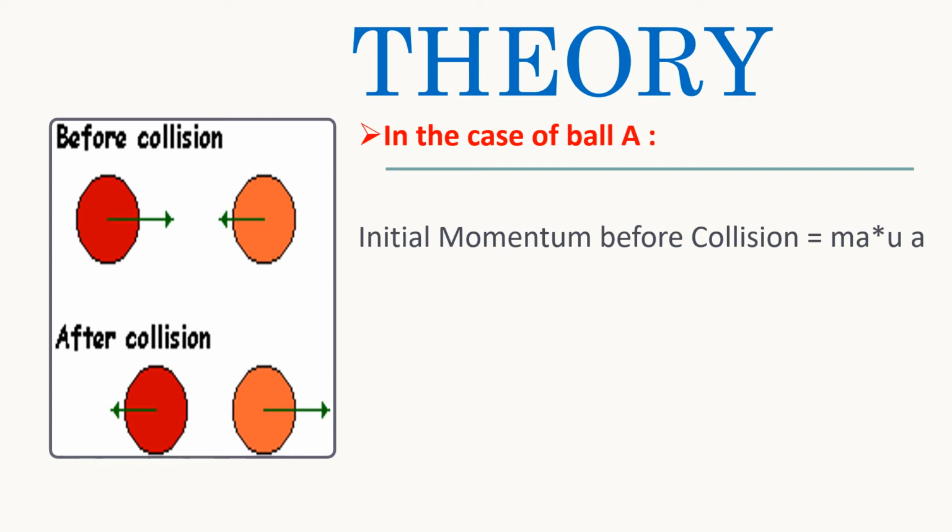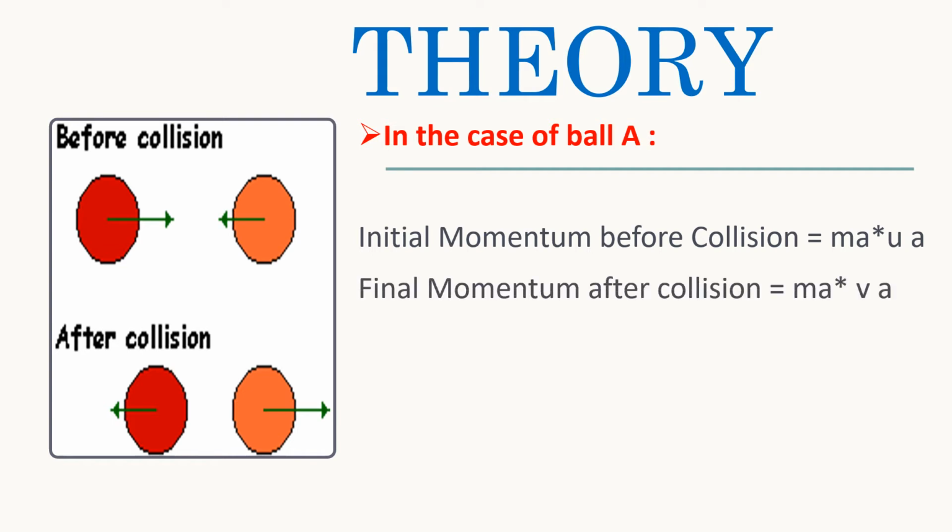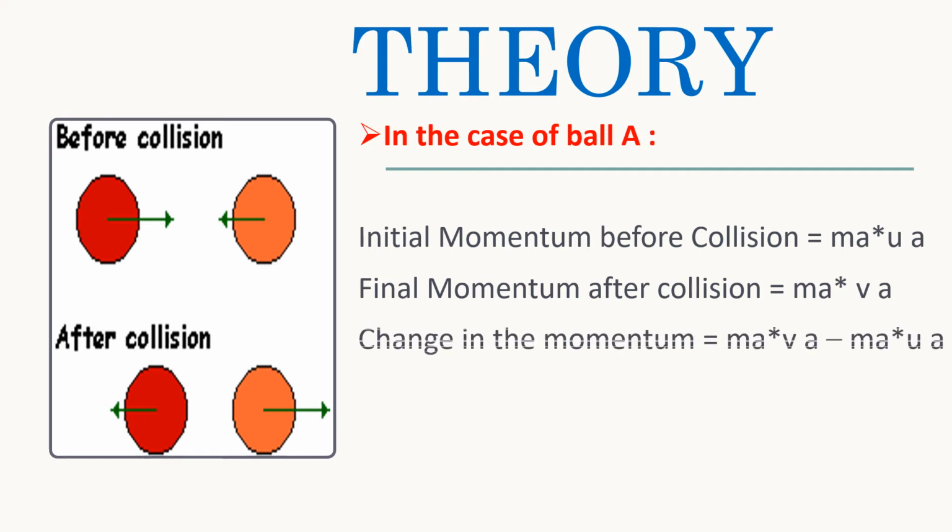Ball A moves with the final velocity va after the collision, so the final momentum after collision becomes ma into va. If we calculate the change in the momentum, it becomes ma into va minus ma into ua. If we take ma common, it becomes ma in bracket va minus ua.